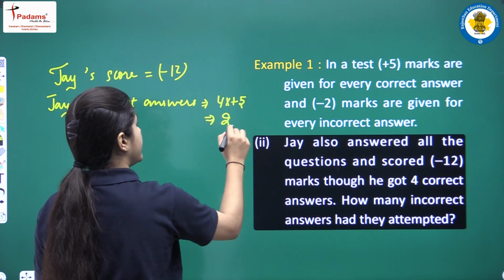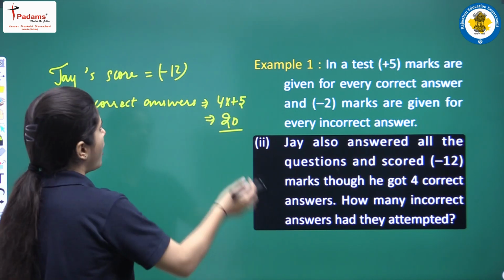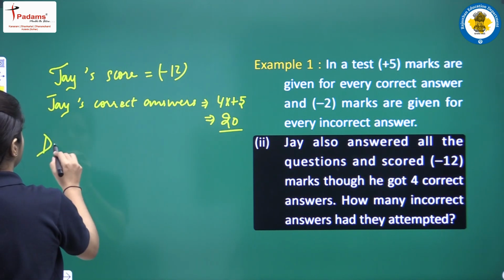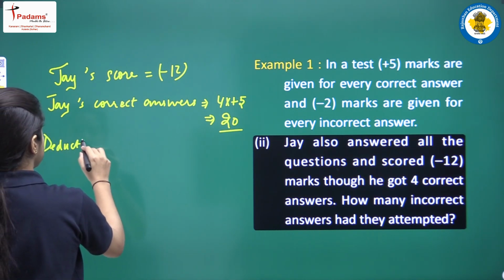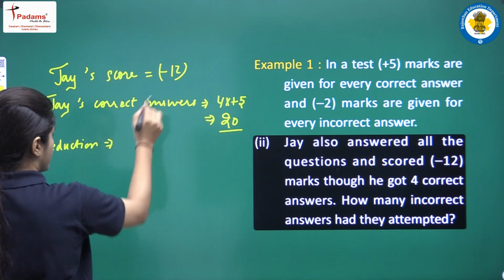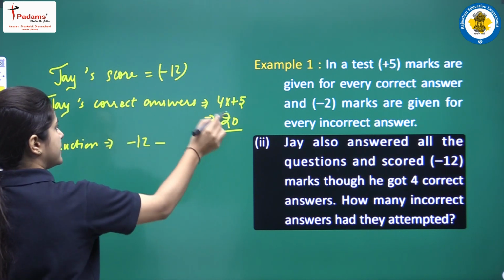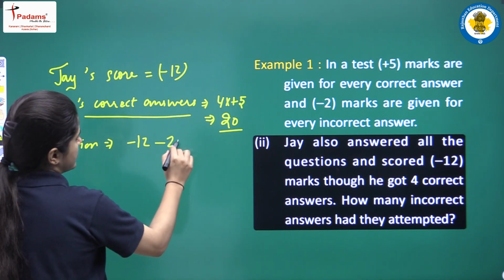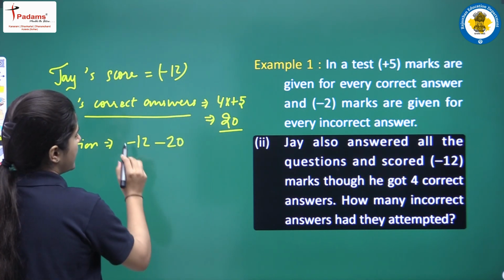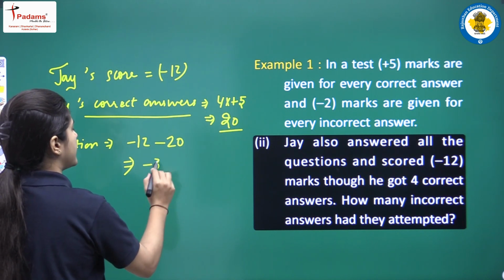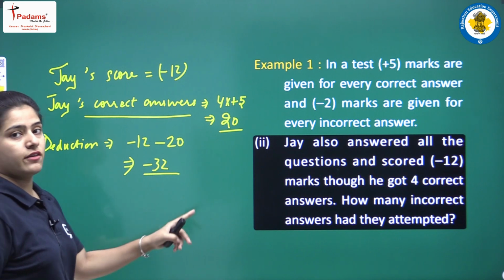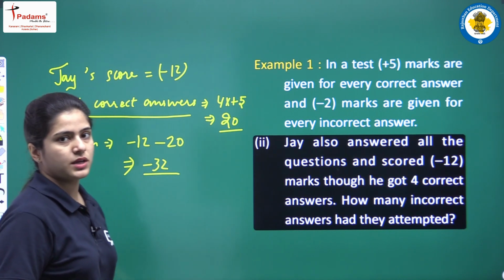So he should be getting 20 marks, right? But now he is getting minus 12. So the total deduction from his marks is equals to the total marks minus the marks that is used for the correct answers. So minus 12 minus 20 is equals to minus 32 marks. These minus 32 marks is for the incorrect answers that J has attempted, okay?